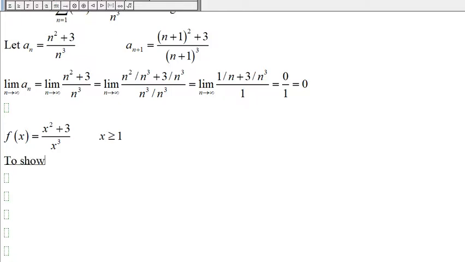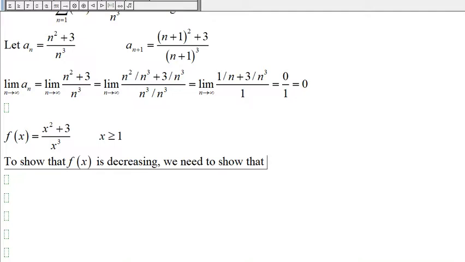And so to show that f of x is decreasing, we need to show that f prime of x, or the derivative, is negative or less than 0 for x greater than or equal to 1.